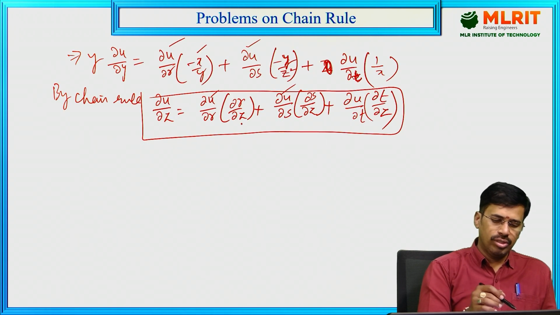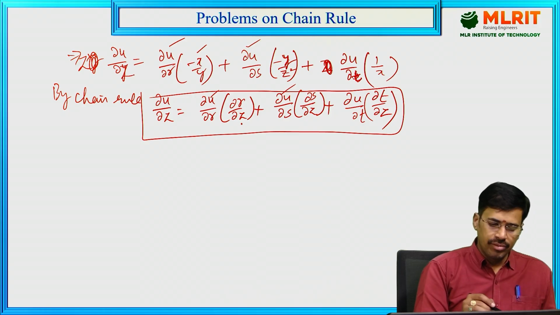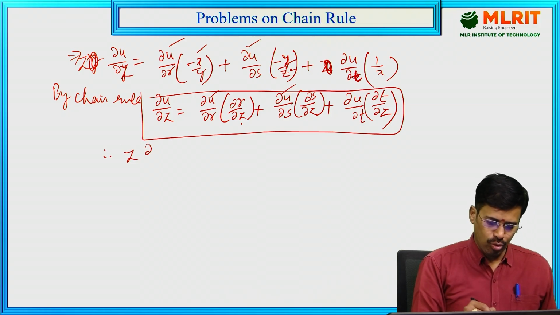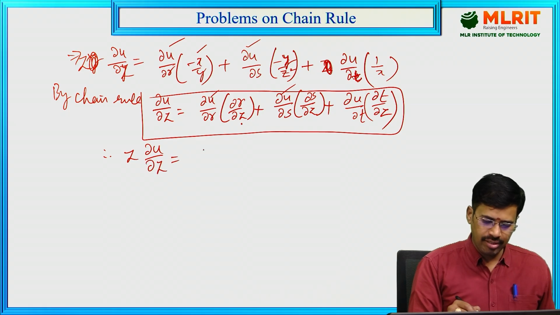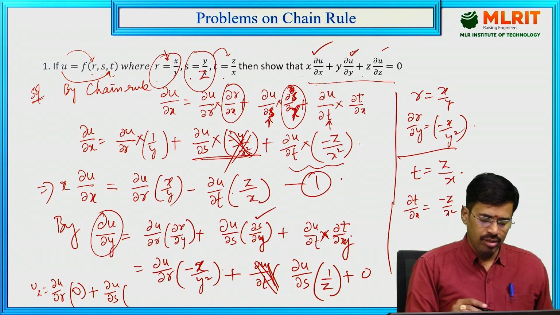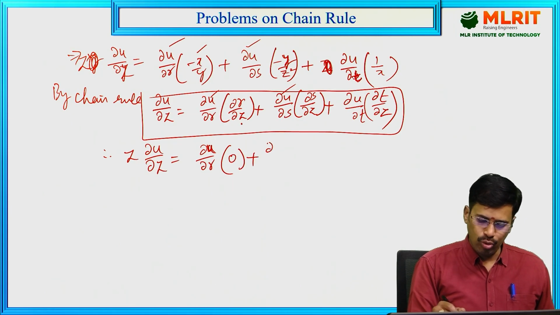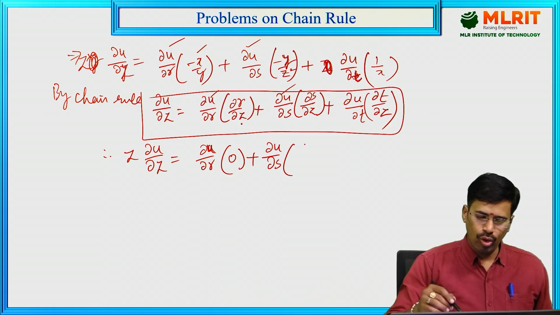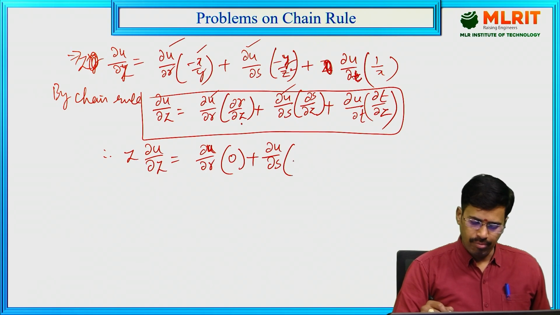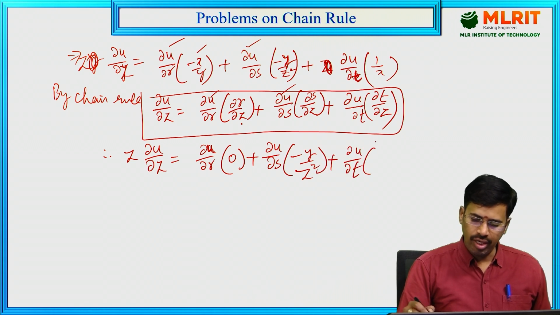z into ∂u/∂z. Therefore z into ∂u/∂z can be written as ∂u/∂r into, what is ∂r/∂z? 0, plus ∂u/∂s, what is ∂s/∂z? -y/z², plus ∂u/∂t, what is ∂t/∂z? 1/x, and I'm multiplying with z, right?